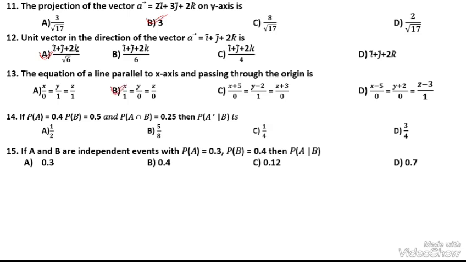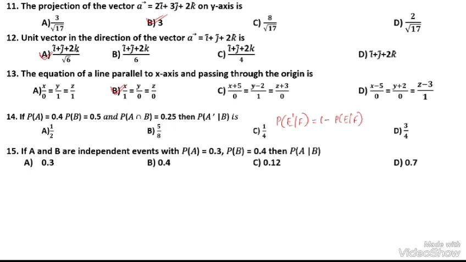If the probability of an event A is equal to 0.4, the probability of an event B is equal to 0.5, and the probability of A intersection B is 0.25, then we have to find the probability of A complement on B. By the property, the probability of E complement on F is 1 minus the probability of E on F. We will use this property.